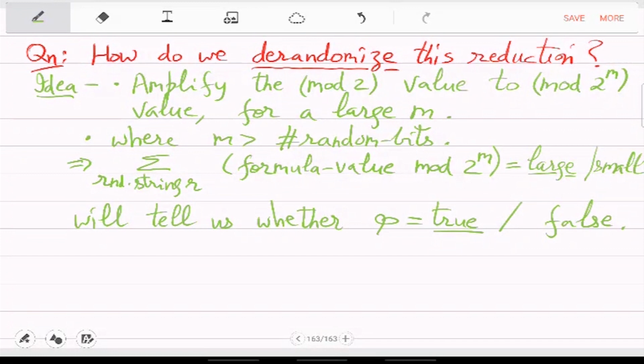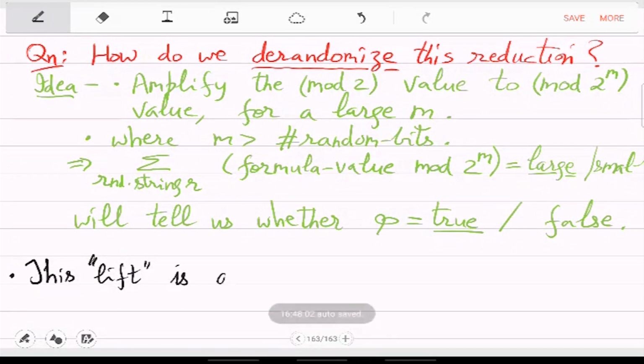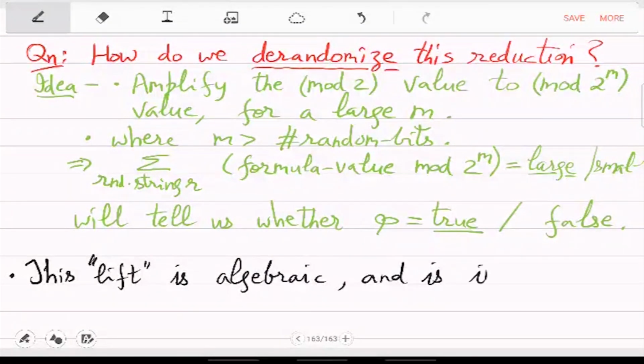So this will need a kind of algebraic lemma. So this lift is algebraic and is inspired from an algebraic lemma called Hensel lifting.